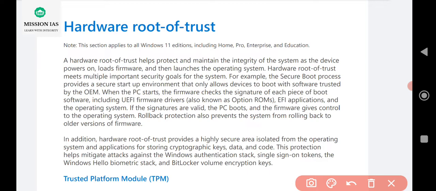When the PC starts, the firmware checks the signature of each piece of boot software, including UEFI firmware drivers, also known as option ROMs, EFI applications, and many more. These are the best examples of what the root of trust means.